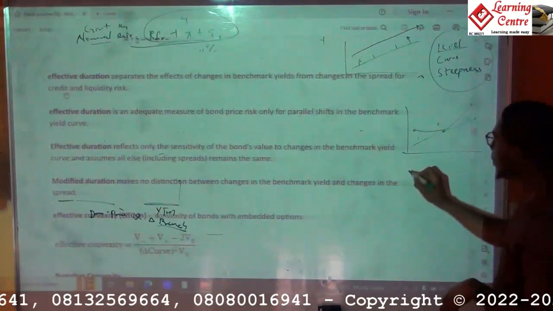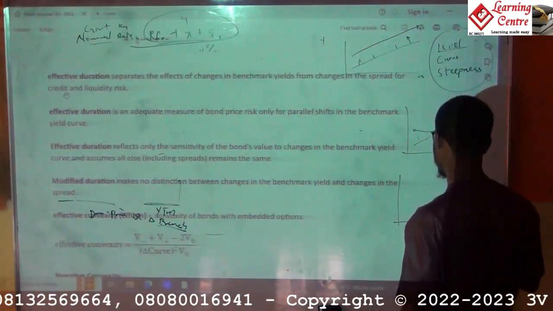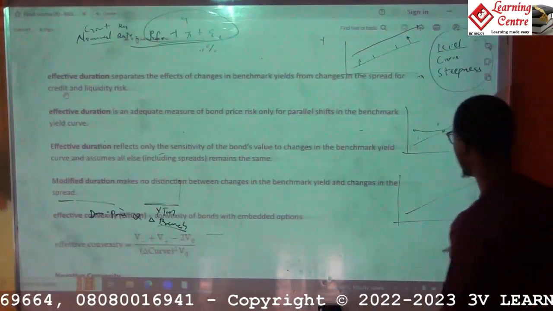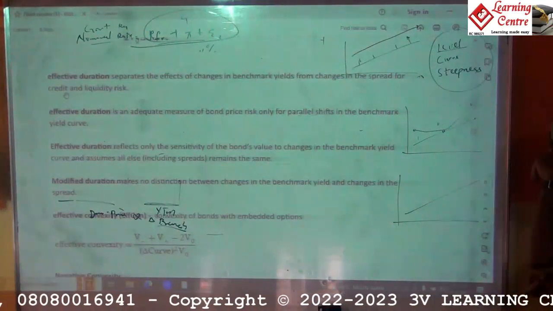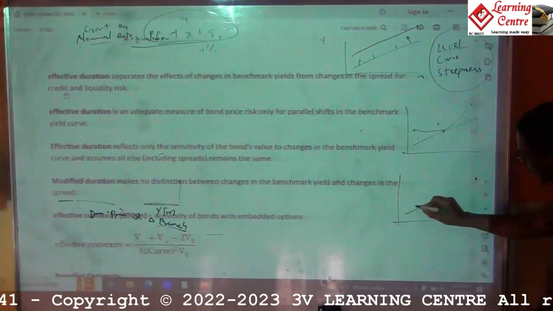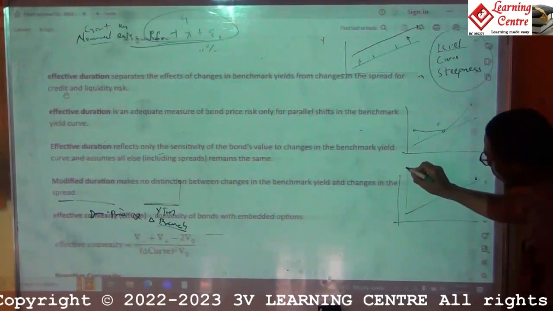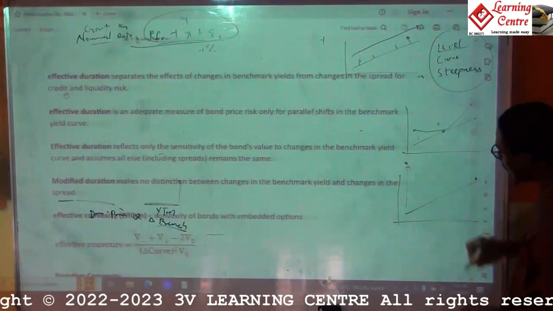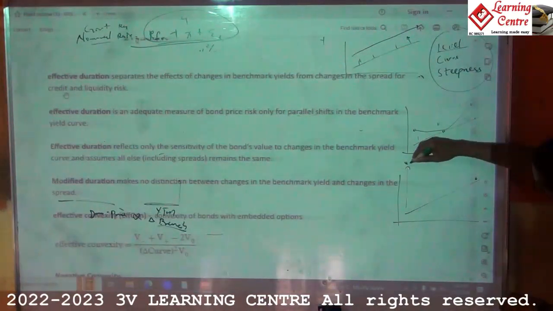When we talk about change in stiffness, that's what we have in Nigeria now. If this is the original yield curve, change in stiffness can happen where the long end of the curve remains the same and the short end of the curve went up significantly, 27.7, that's the T-bills. So you can have something like this.